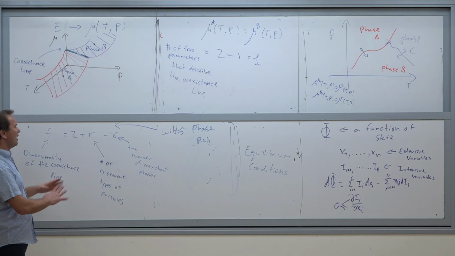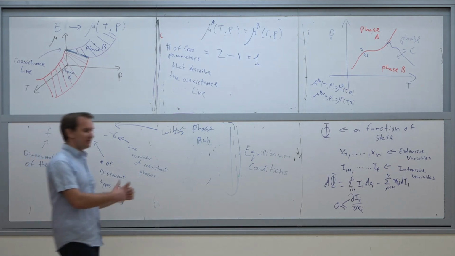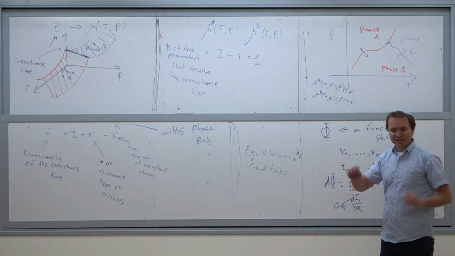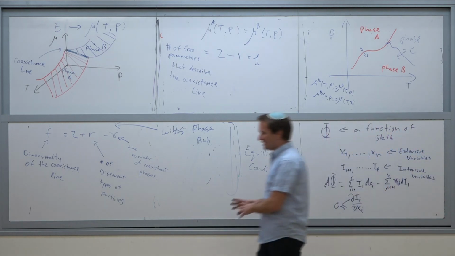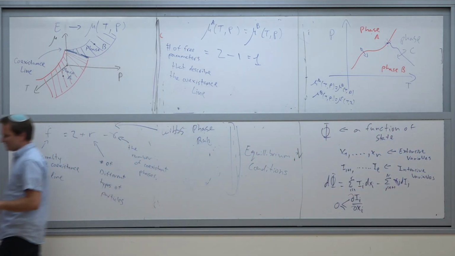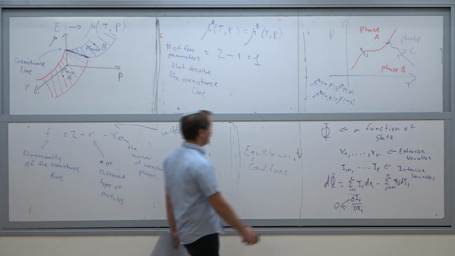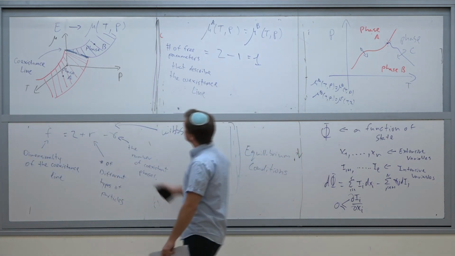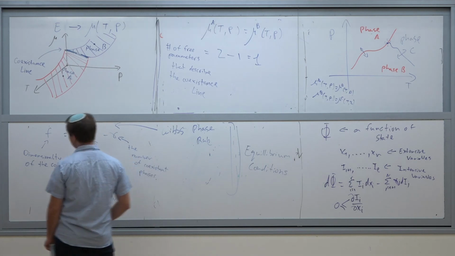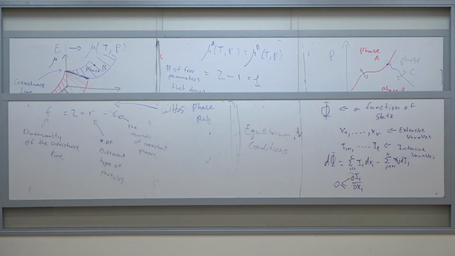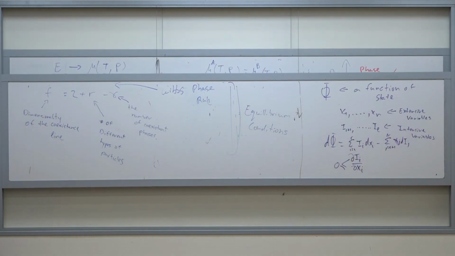So this is how we determine if it's a line, not a line, if it's a surface and not a surface. So we just stated that there is something going on in the phase itself. But as I already told you, at the line itself we expect something to happen.